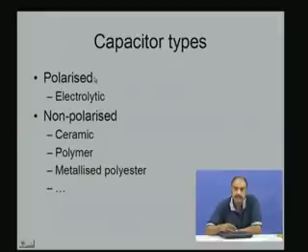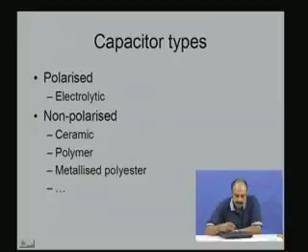By polarized capacitor, what I mean is that there are two terminals like in a resistor, and one terminal should always be more positive with respect to the other terminal. In the case of a non-polarized capacitor, either terminal can be more positive than the other at any given point of time. There is no restriction that one terminal should always be more positive than the other terminal.